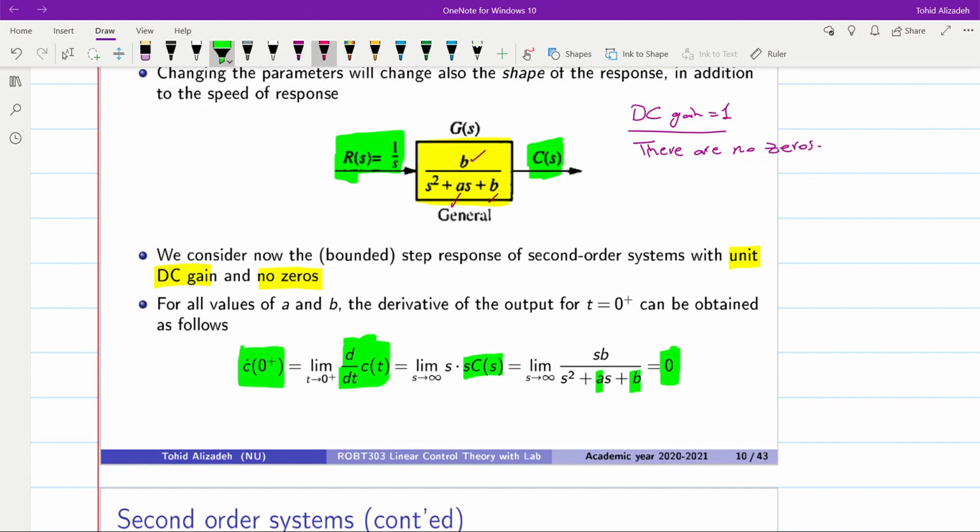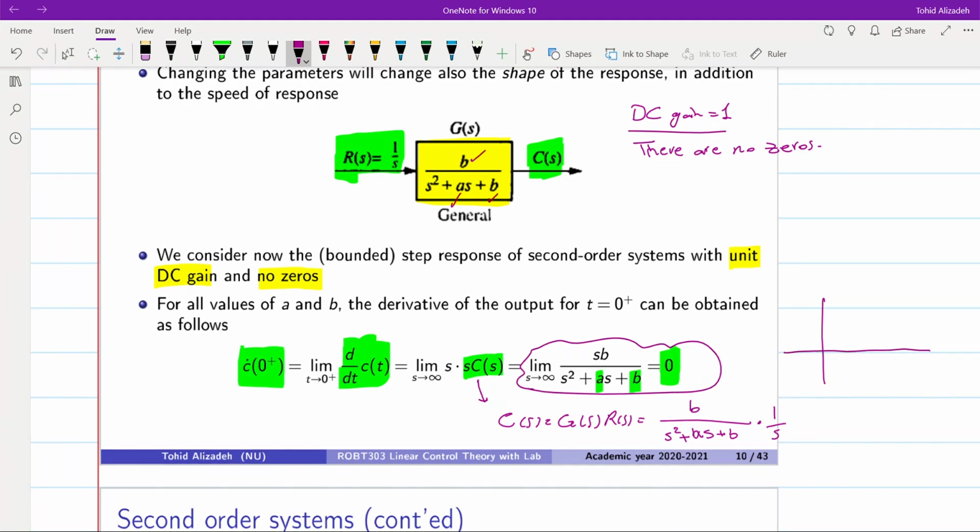And for c of s, we have c equal to g times r, or b over s squared plus as plus b times 1 over s. If you replace them, we will end up with 0 as the value.